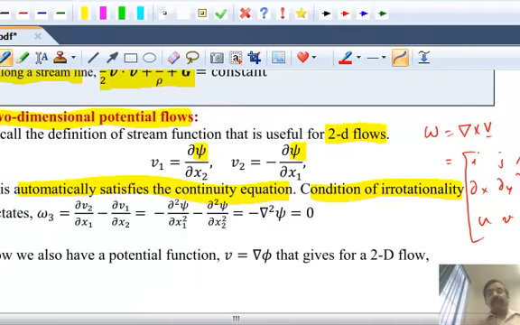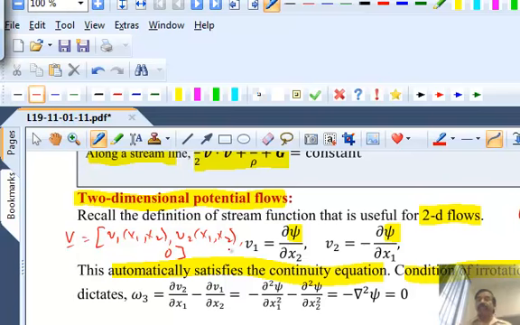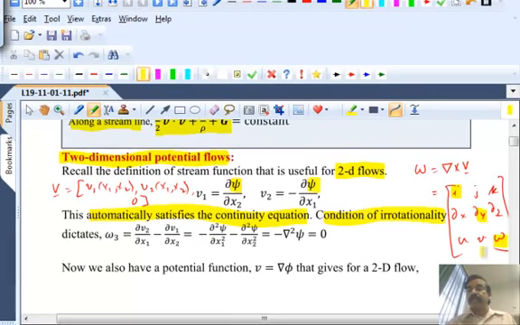Now, in a two-dimensional flow, the velocity vector looks like this: v1 as a function of x1, x2, and v2 as a function of x1, x2, and v3 is 0. Under those conditions, what is the first component of the vorticity vector? It is d/dy of w minus d/dz of v.